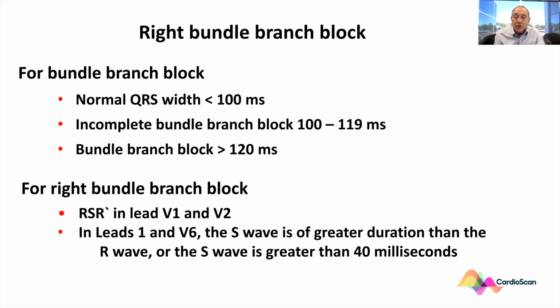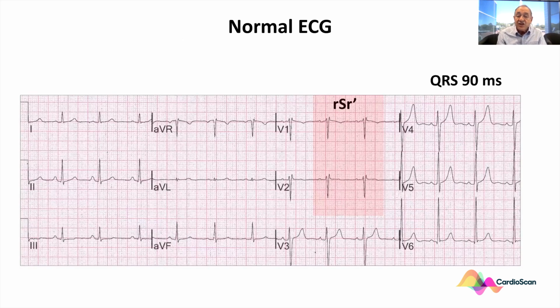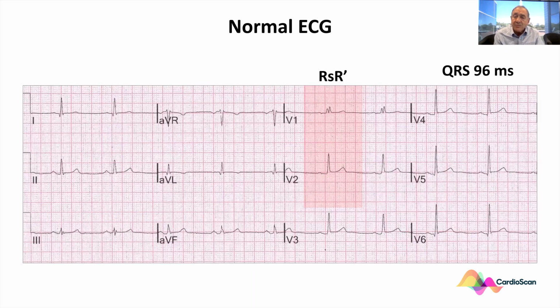So let us now return to these ECGs and show you another one, which is a normal ECG with an RSR prime again. And you can see that leads 1 and V6 do not have S waves that are wide in them at all. The QRS is 90 milliseconds. But this is often also still called incomplete right bundle branch block.